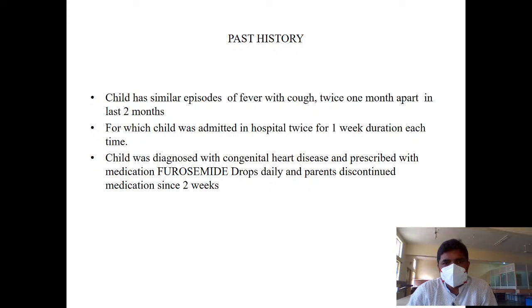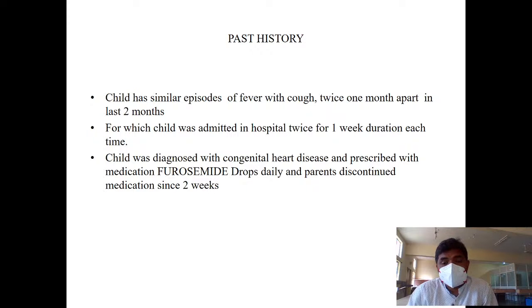So you need to have such history. The child becoming more uncomfortable while moving, or any tender joints, I mean red joints, and then having a high grade fever for more than 1 week, having hematuria.